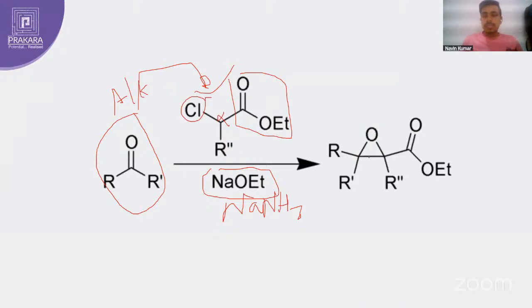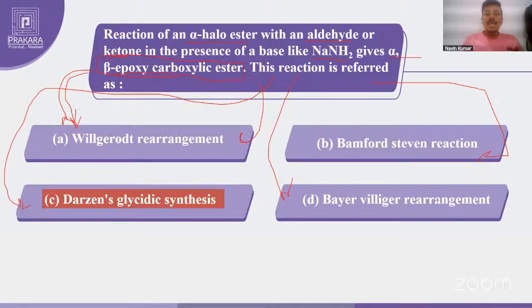So remember, Darzens glycidic synthesis is the synthesis in which an alpha haloester reacts with an aldehyde or ketone to give an alpha beta epoxy carboxylic ester as the product.